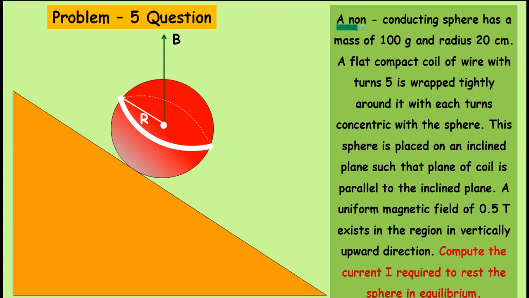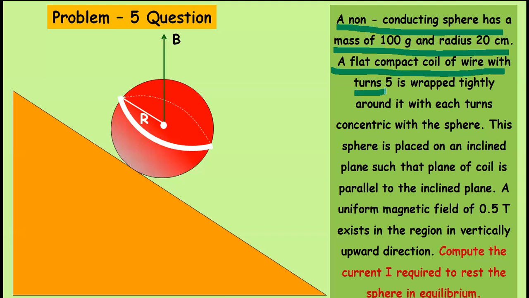A non-conducting sphere has a mass of 100 gram and radius 20 centimeter. A flat, compact coil of wire with turns 5, that is 5 turns, is wrapped tightly around it, with each turn concentric with the sphere.